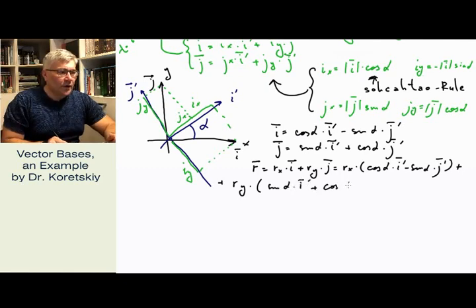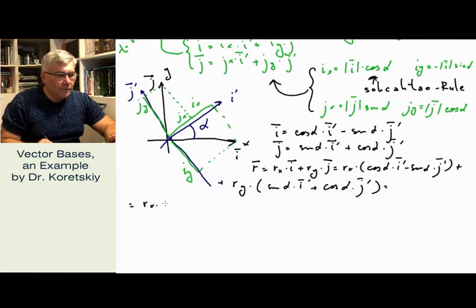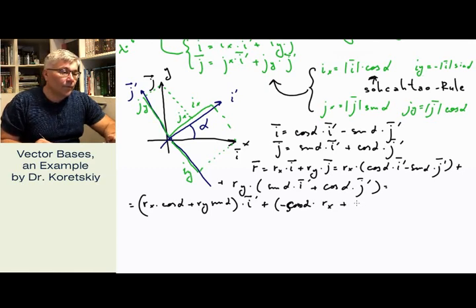So I can say that these factors are the components of the vector r in the new system of coordinates obtained after rotation of the given xy system of coordinates by angle alpha.